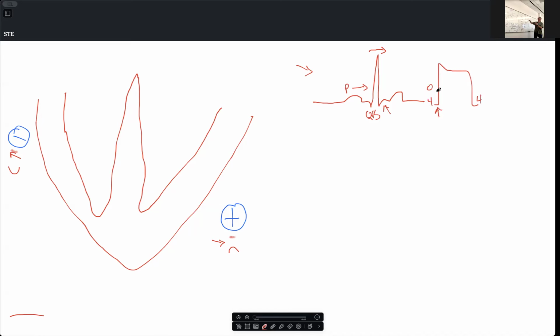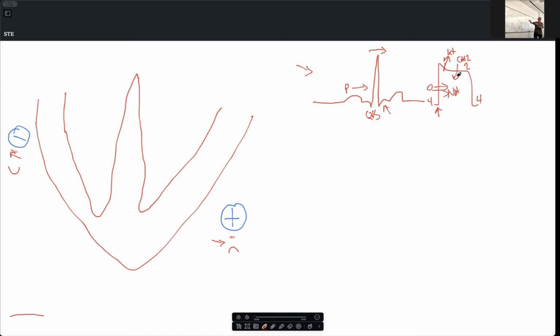And then in phase 0, sodium rushes into the myocytes, and you have voltage-gated potassium channels that then open up here in phase 1, and potassium begins to leave the cell. And so the potential dips down, and then in the plateau or phase 2, calcium ions begin to enter the myocyte, and that offsets the potassium leaving, and you get this flattening out.